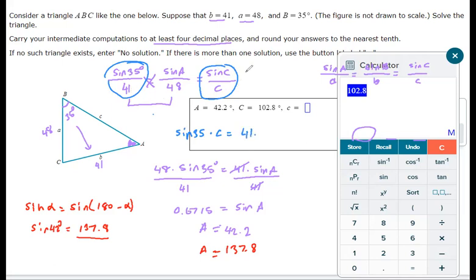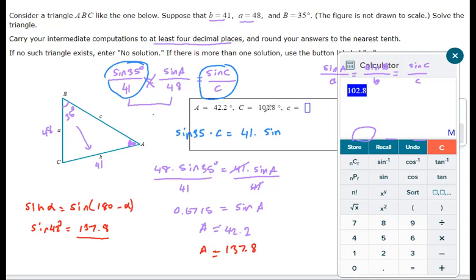But for the angle C, we now know the angle measure, which is 102.8. So that is why I can just replace with that. I think I should have done four decimal places, so maybe I may not get the actual concrete answer, but that should be fine because I'm just rounding it to the nearest tenth right now.